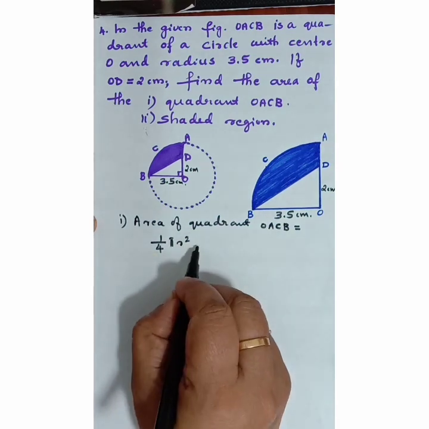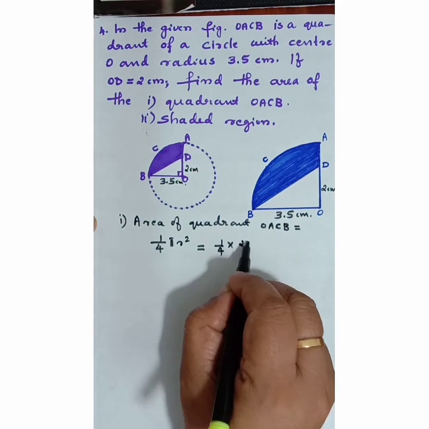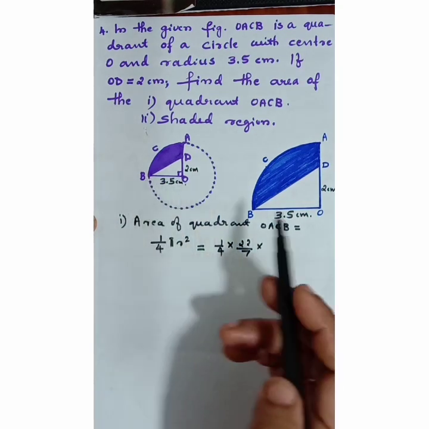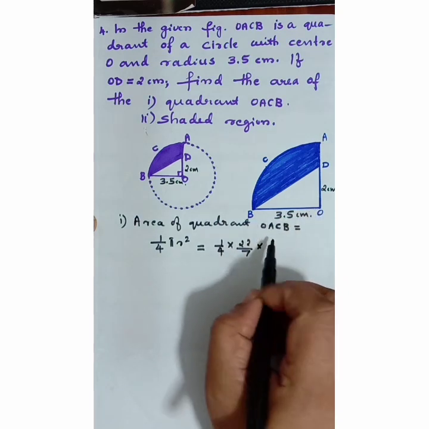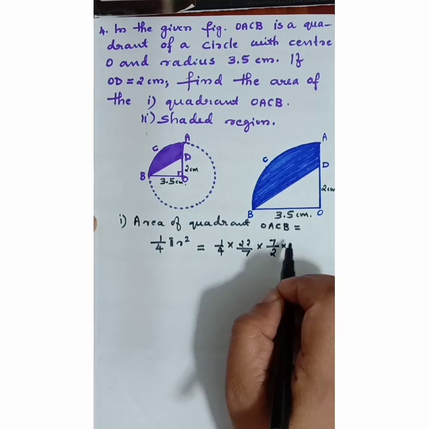So the pi value is not given, so let us substitute 1 by 4 into 22 by 7 into radius, given as 3.5. Is it? So radius is 3.5, that is same as 7 by 2. 7 by 2 is 3.5.